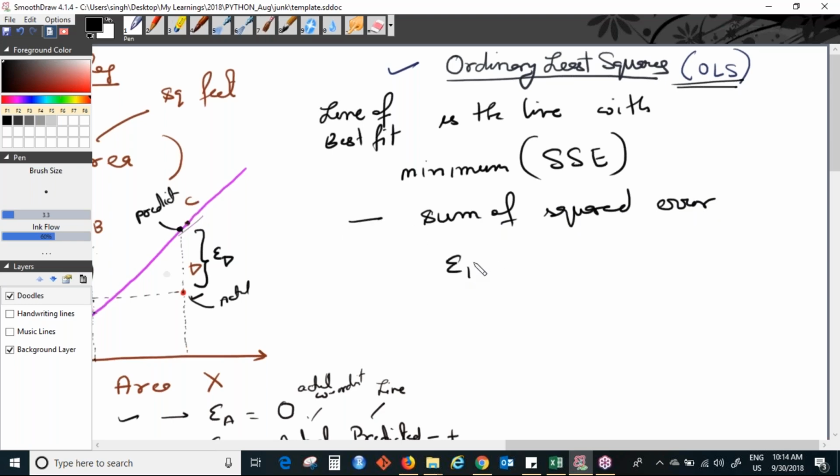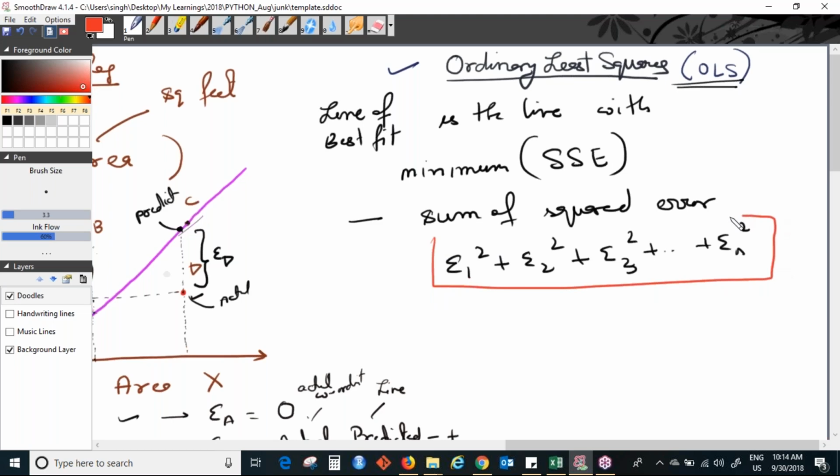The line which has the least value of sum of squared error, which is this. Any line which gives the least value of this quantity, whatever I have written here, that line is supposed to be the best line, is what the algorithm tells us. And why does it square?